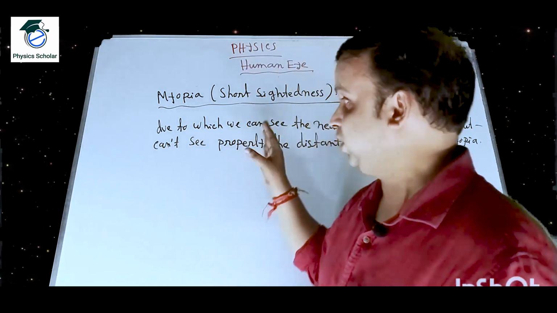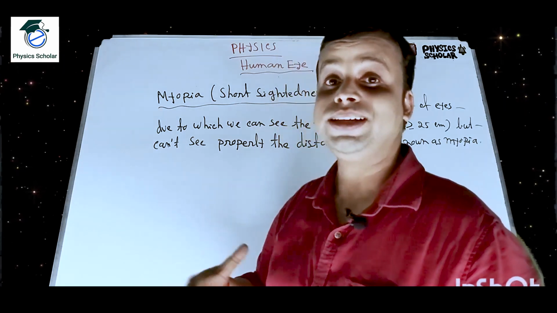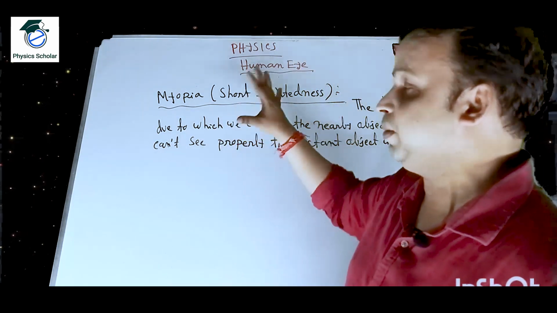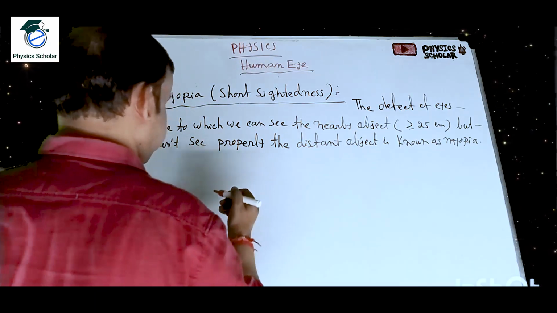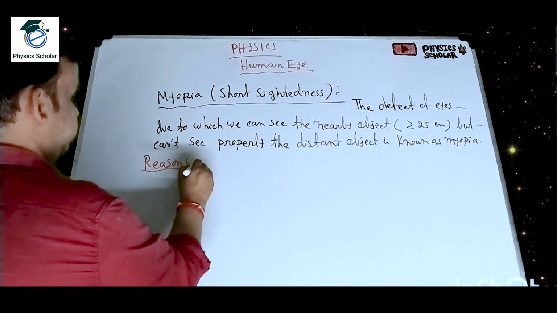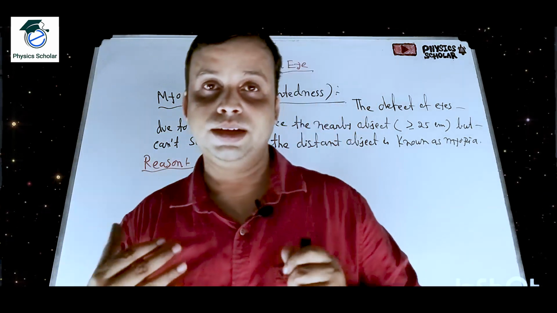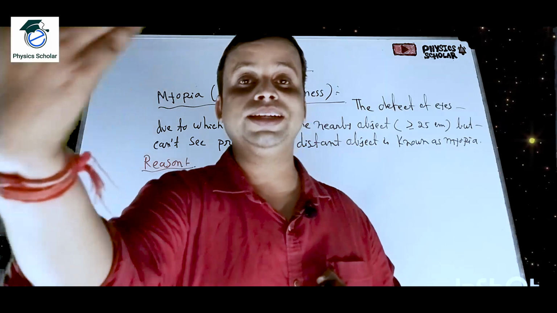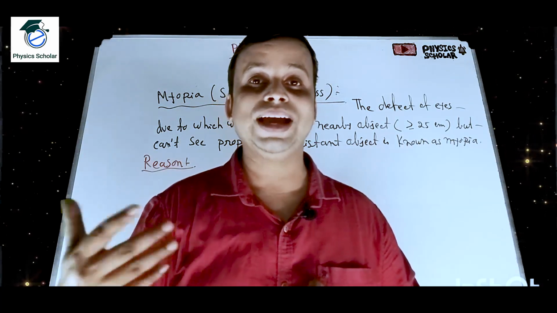Very often this type of question comes in the exam. Now, what is the reason of that and what is the correction? How can we rectify this? First of all, the reason. Students, we know that if the light is coming from the distant object, then the rays are considered to be parallel to each other.